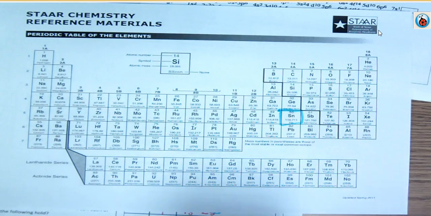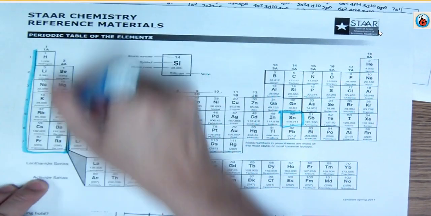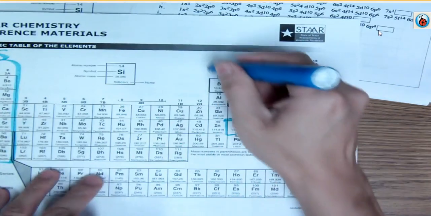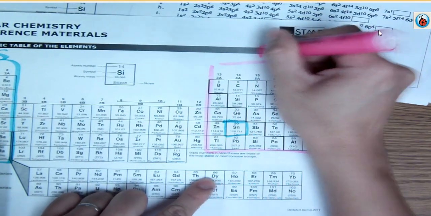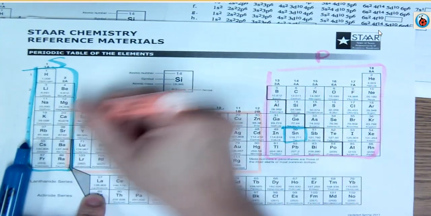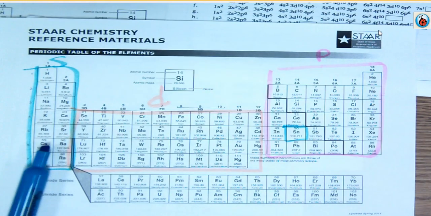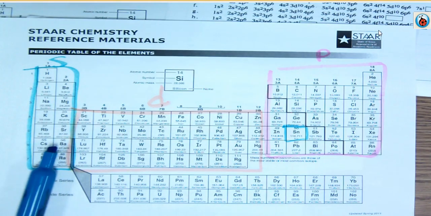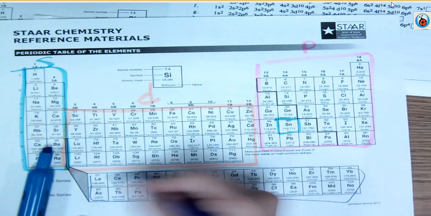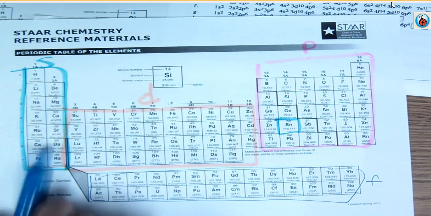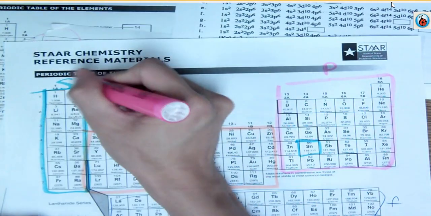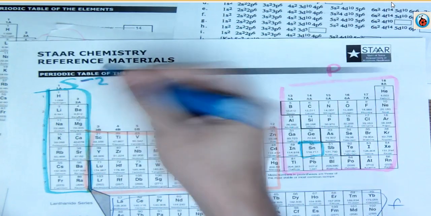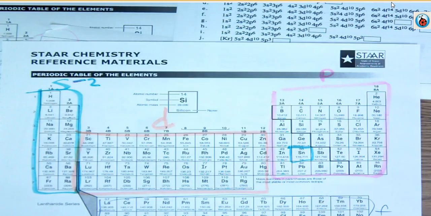So this one, S block, okay? S. Over here, P block. In the middle, D block. And at the very bottom down here is your F. Remember, how many electrons can the S hold? S can hold 2. That's why there are only 2 columns. Okay?